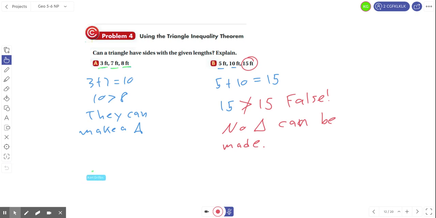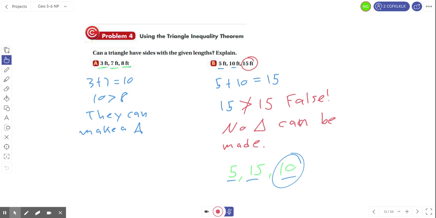It would be very common that if I put on the test 5, 15, and then I put 10 at the end, I guarantee somebody would look at it too quickly and go 5 plus 15 is 20, that's greater than 10, and say that this can make a triangle, and they would get it wrong because they were assuming that the longest side would always be the last number, and it's not.